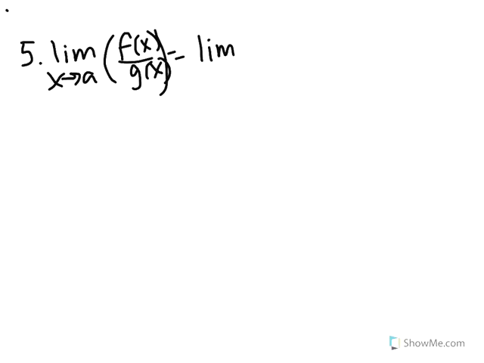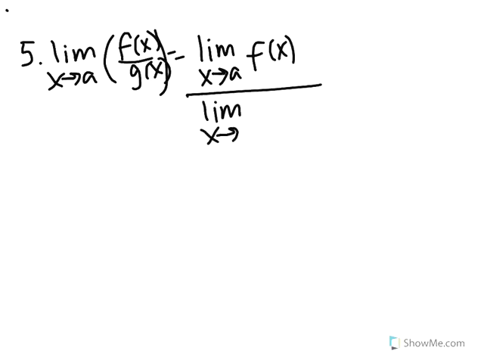So it equals the limit as x approaches a of f of x divided by the limit as x approaches a of g of x, the denominator. There is one little condition. The denominator can't be 0, so that limit can't be 0. So I'm going to say that limit can't equal 0. Otherwise, it's undefined.